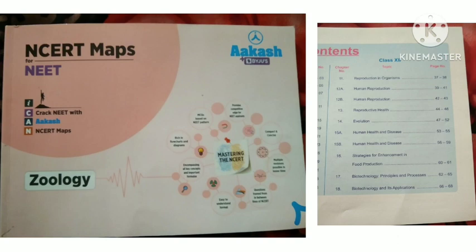Hymen is a membrane that partially covers the opening of the vagina. It can be torn by a sudden jolt, fall, horse riding, cycling, or insertion of a vaginal tampon. It may or may not be torn during the first coitus, so its presence or absence is not a reliable indicator of virginity or sexual experience.